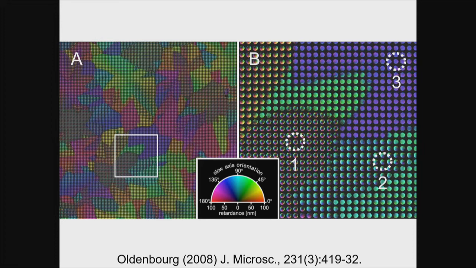Behind each microlens, for example this one that is circled, you have this back focal plane that is the orientation image. Behind each microlens, if you add this polarization analysis, you can know how much retardance different rays at different directions have encountered.